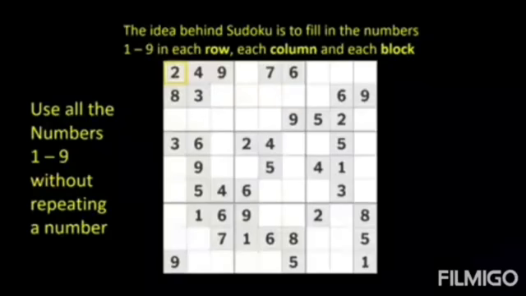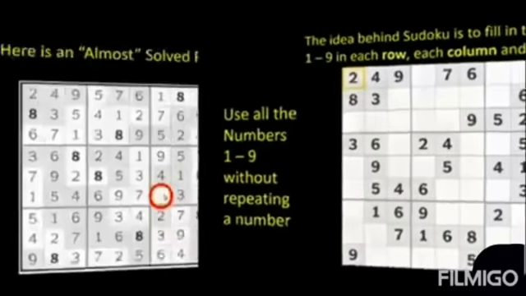So how do we play Sudoku? It is to make sure that each row, each column and each block have a 1 to 9 number without repetition. Here is an almost solved puzzle.